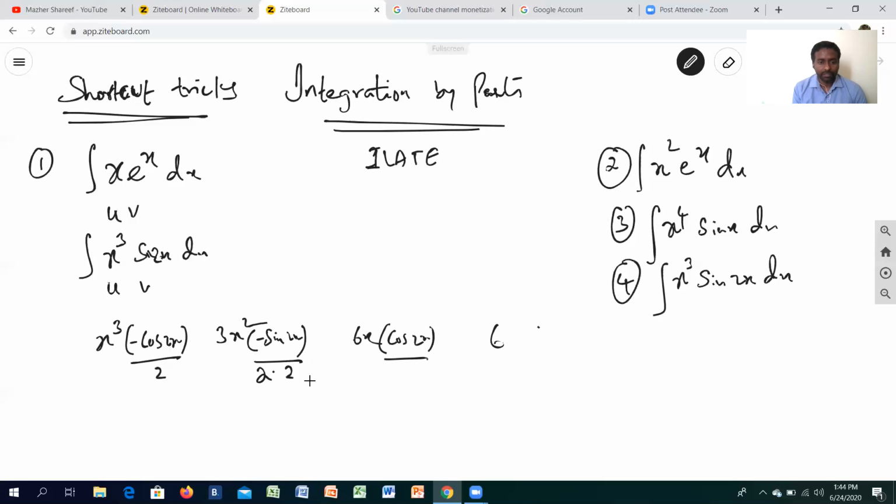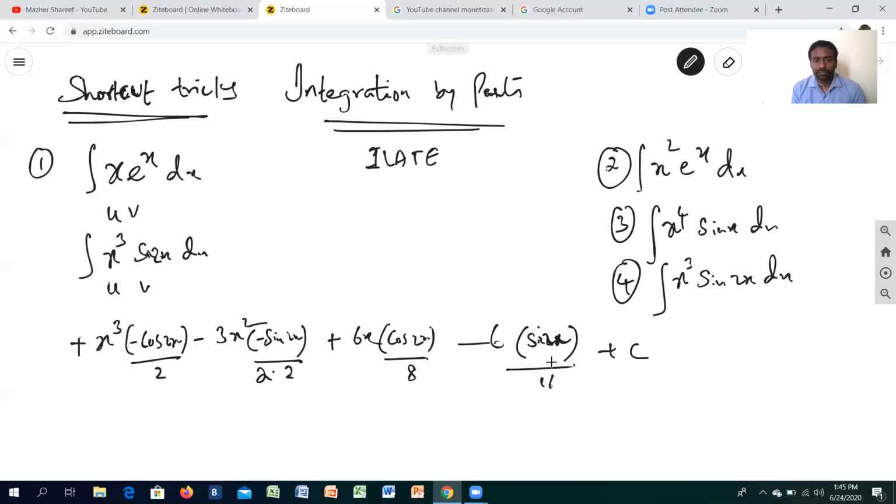I'm doing it directly, so 4 times 2 will give us 8. Again, the integration of cos is sine 2x over 2; already we had 8, so it's going to be 16. Then go with the signs positive, negative, positive, negative, plus c.